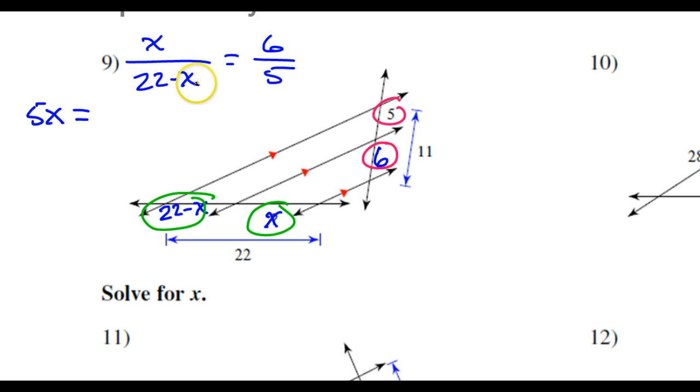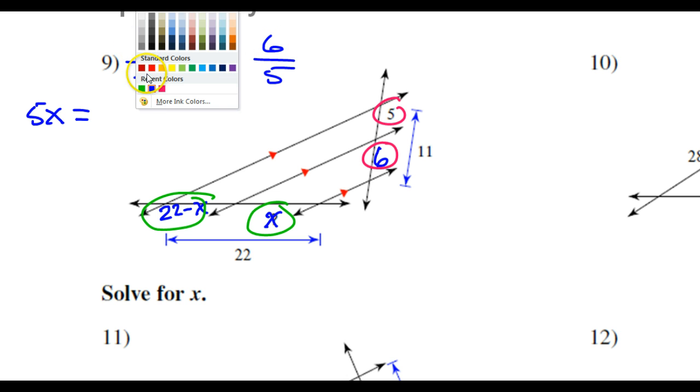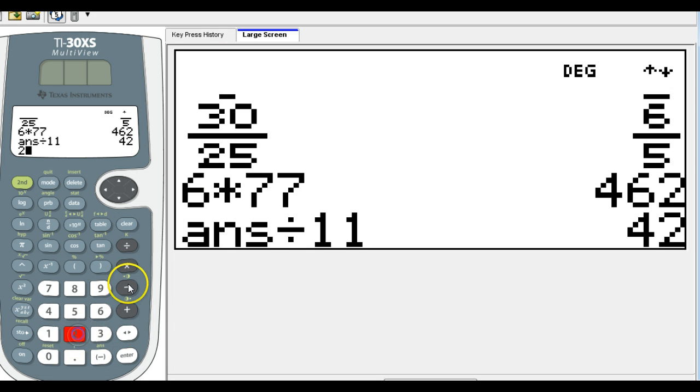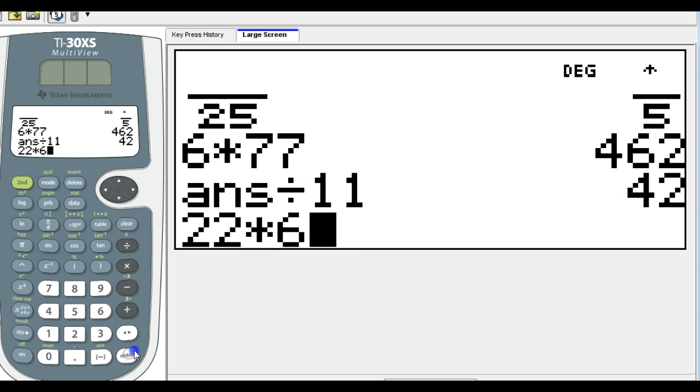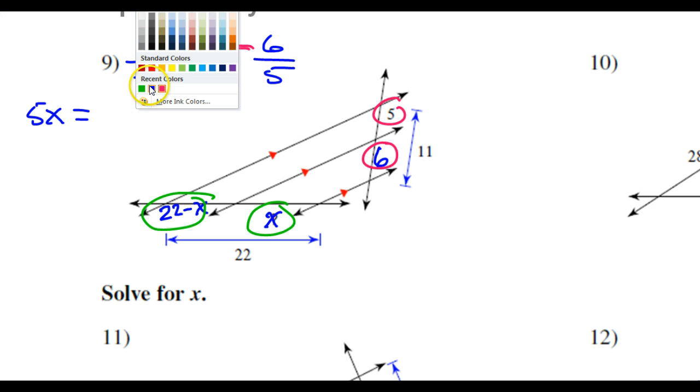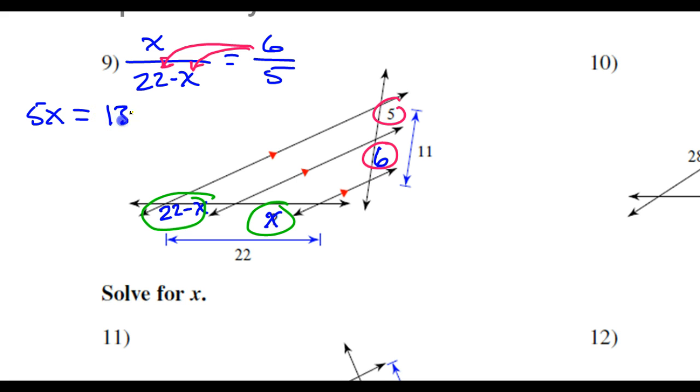Now when I do 6 times 22 minus x, I need to do the distributive property, here and here. So 22 times 6, that's 132. So I have 132 minus 6x.